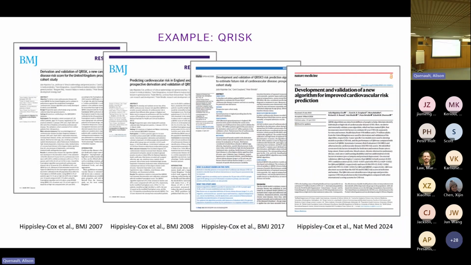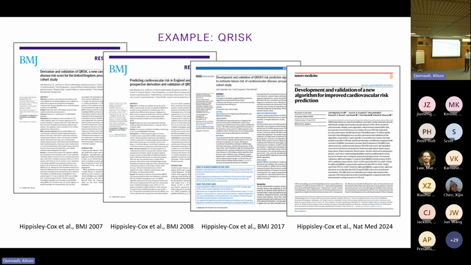So let me give you an example which you might be familiar with, which is called Q-risk. That's the model used here in the UK to predict the long-term risk of cardiovascular disease in people who do not yet have that. And there have been 4 iterations of this model. The first one was published in 2007.